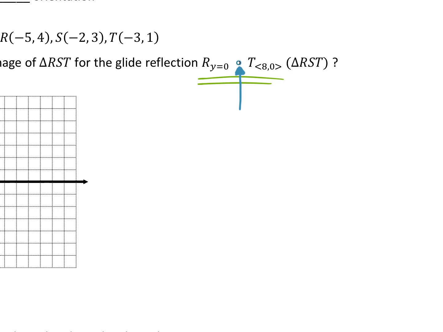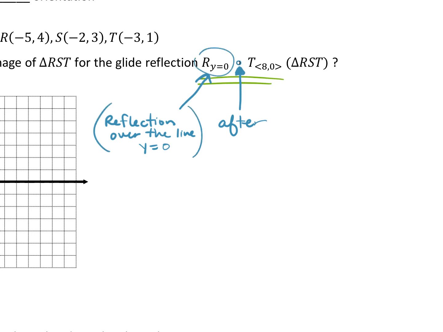This little dot means the word after, okay? So here's what this is saying. If we were to write this out, this is a reflection, right? That capital R means a reflection over the line y equals 0. Okay, so this is what this is saying, R, y equals 0, after, what is this saying?